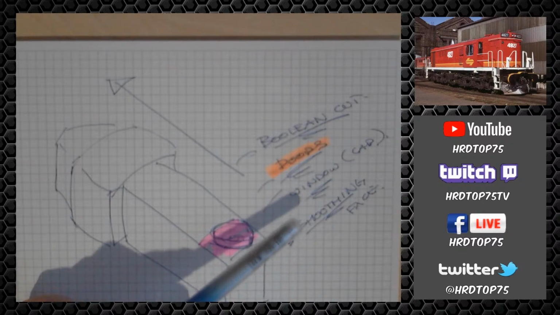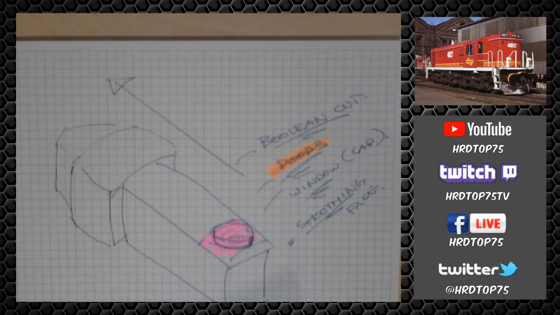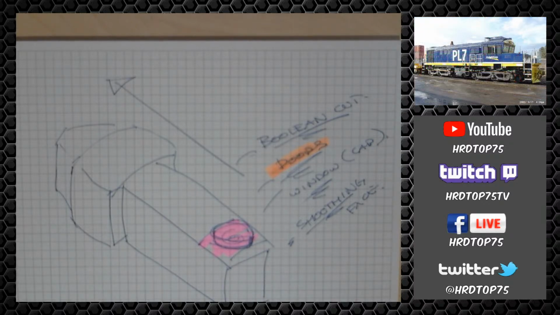Smoothing faces. We really want that boolean cut in first, but then after that, I'm going to duplicate the cab.